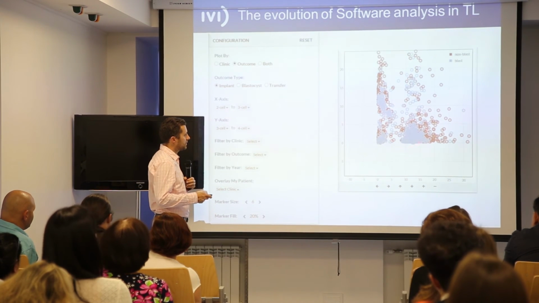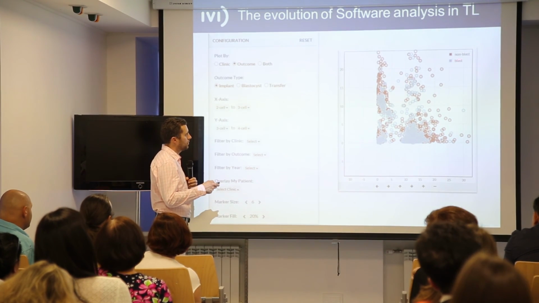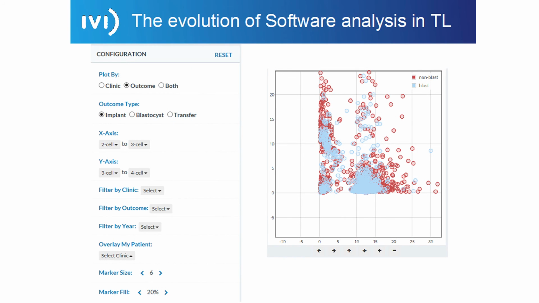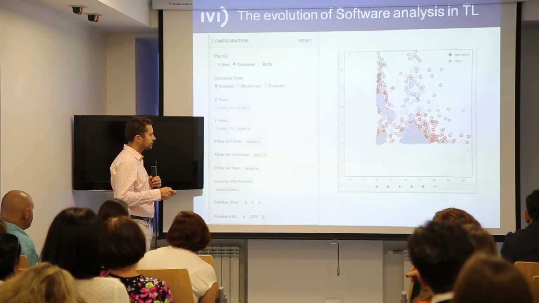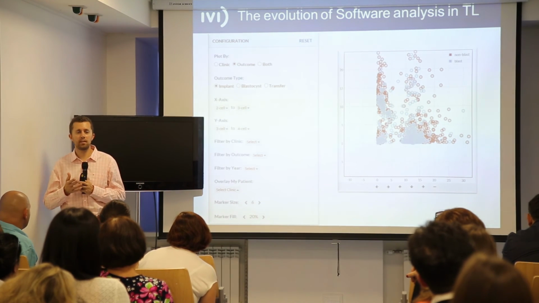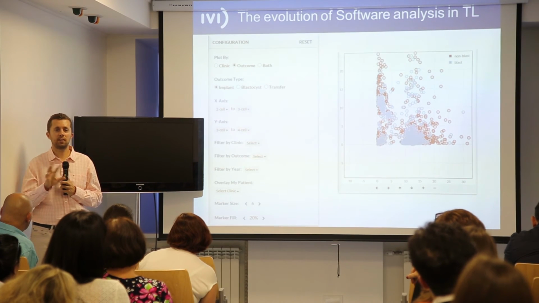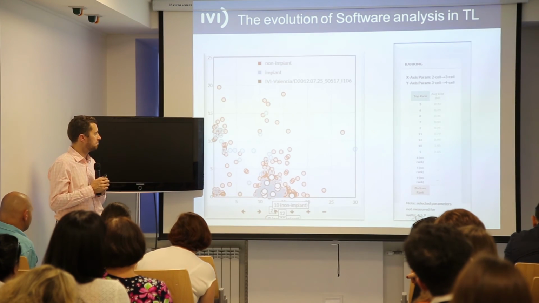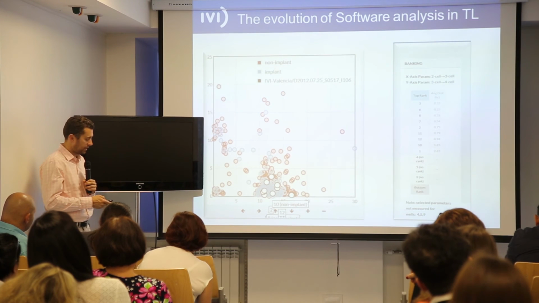So, for example, these are embryos that reach blastocyst that are blue, or embryos that did not reach. And these are the axes: in the x-axis, the 2 to 3 cells duration, and here between the 3 and 4. What you can do in such a kind of thing is to compare in a graphic different types of embryos. And that can be done in something like this, that I really like.